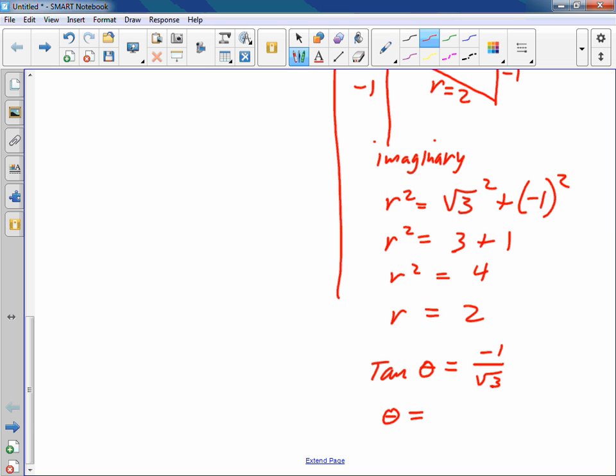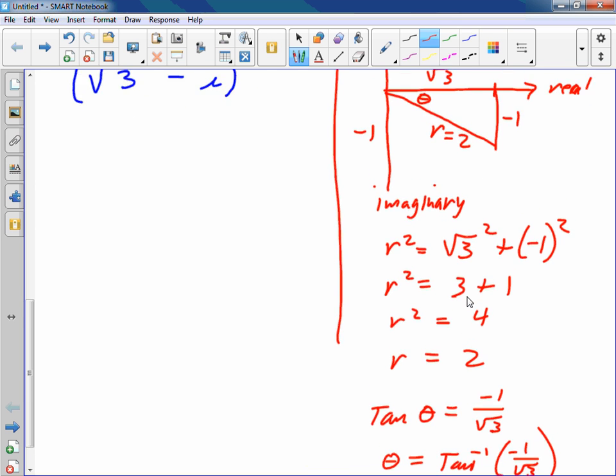So theta equals the arctan of negative 1 over the square root of 3. So theta equals negative 30 degrees. And that makes total sense.